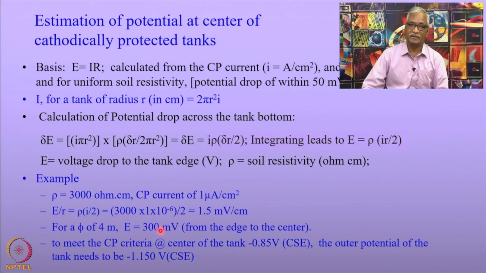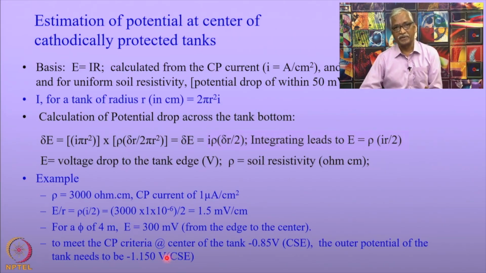So, let us look at the criteria for cathodic protection. We all know that the minimum potential required for cathodic protection is minus 0.85 volt with respect to copper sulphate electrode, for example. Then if you have to have a potential of minus 0.85 at the center, the edge of the tank should measure a potential of minus 1.1 volt with respect to saturated copper sulfate electrode.